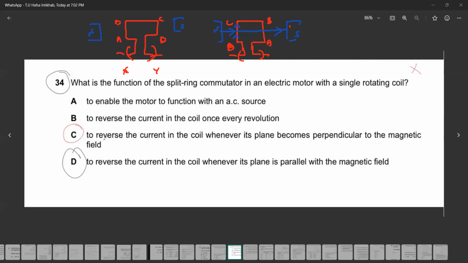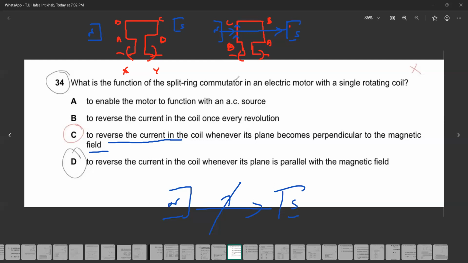So the purpose of a split ring commutator in a DC motor is to reverse the direction of the current in the coil when the plane becomes perpendicular to the magnetic field. So you can see when the plane of the wire is perpendicular to the magnetic field, because the direction in which the current is passing and the magnetic field are both perpendicular, 90 degrees to each other, not parallel.